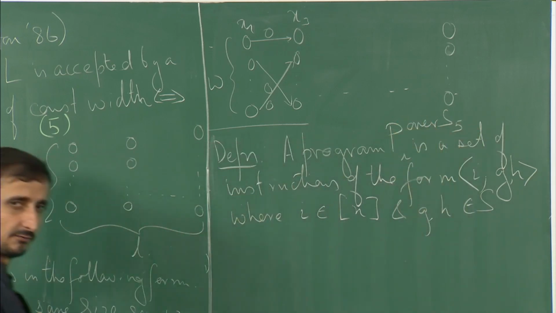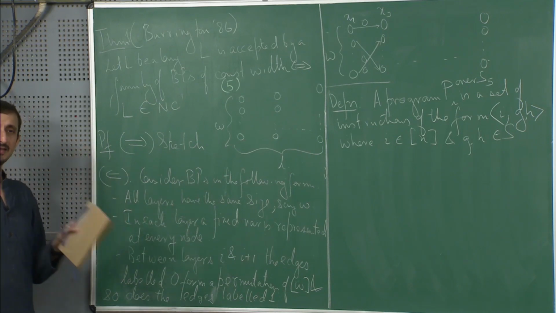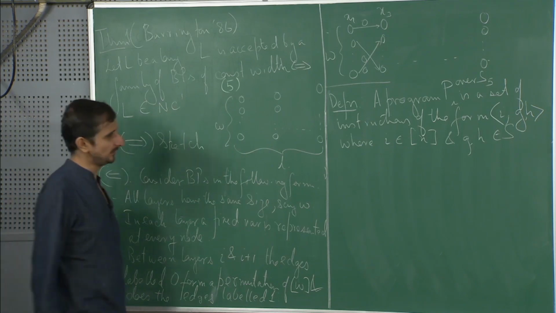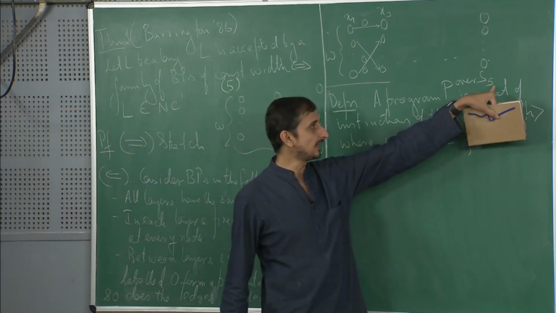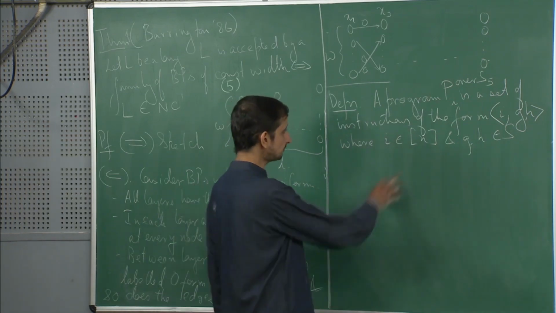Okay, so for the rest of this lecture we will fix the width to be 5, because as I said 5 is good enough for us, but this can actually be defined for any constant. Instead of 5 I can have any w.